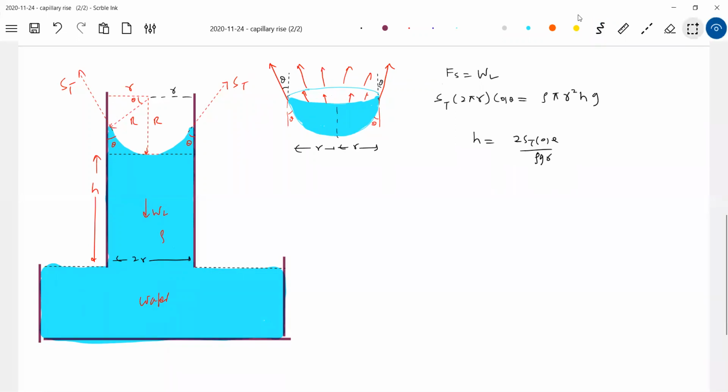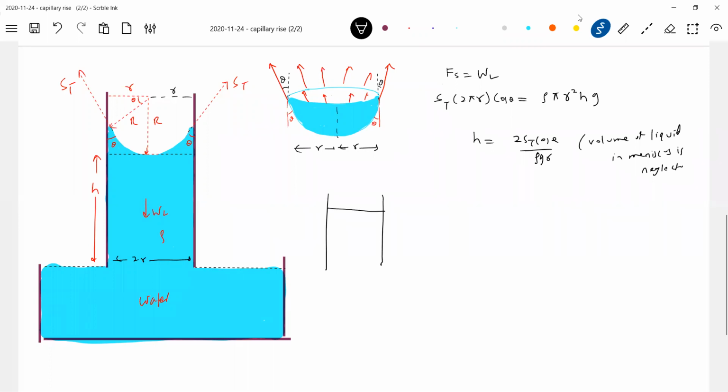No. So here what I'm taking is that the force due to surface tension will balance the weight of the liquid column. And now your question, sir. Here we have neglected the volume of the liquid in the meniscus. So basically it will be like this, no?